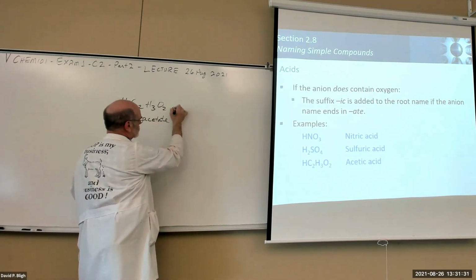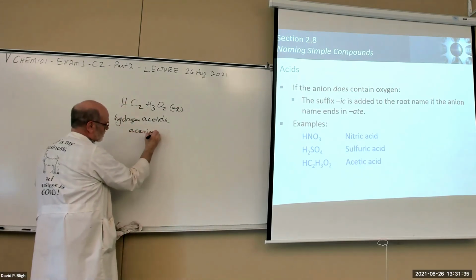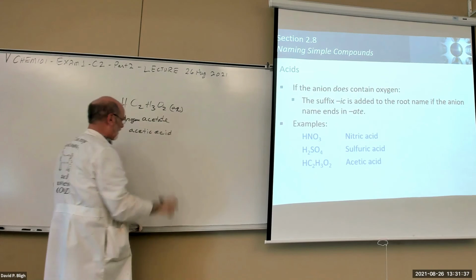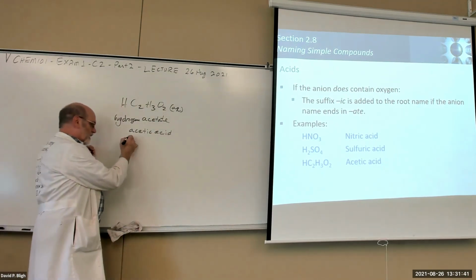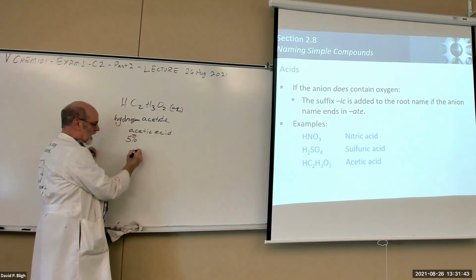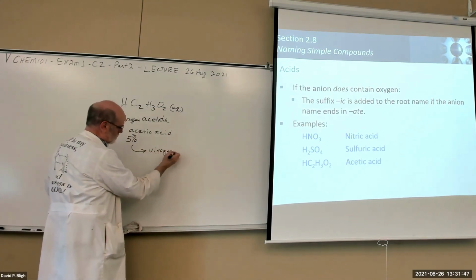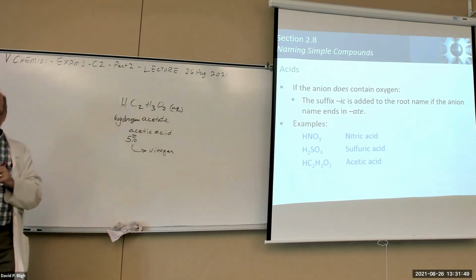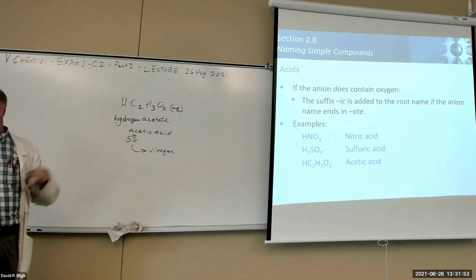Make it aqueous, it's acetic acid. Okay. 5% acetic acid is vinegar. So you probably doused your salad in oil and acetic acid.